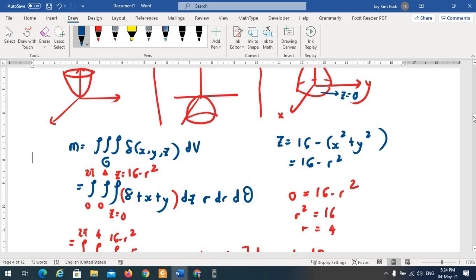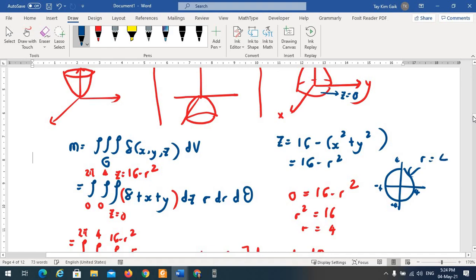Okay, and they didn't say this solid is in the first octant, so you have a full circle of projection, from negative 4 to positive 4 in both x and y, which is r equals 4. Here is a full circle involving quadrants 1, 2, 3, 4. That's why theta is from 0 to 2 pi.